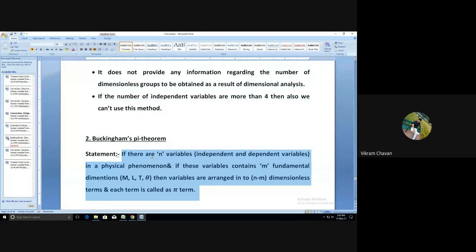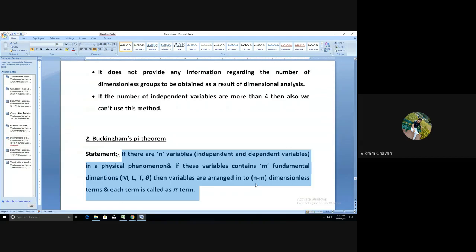Then the variables are arranged into n minus m dimensionless terms. N is the number of variables, inclusive of independent and dependent variables, and m is the number of fundamental dimensions included in that phenomenon.